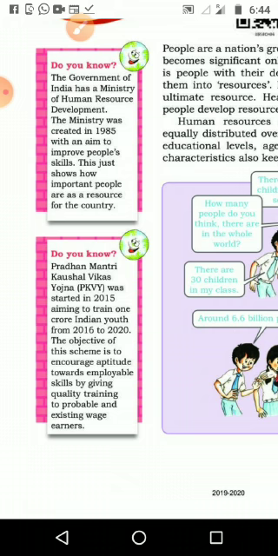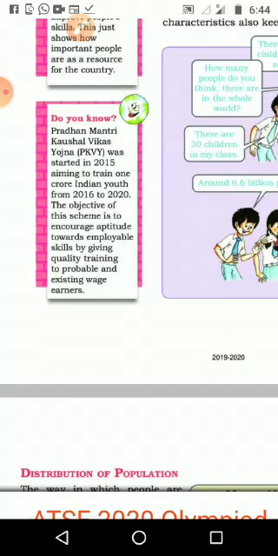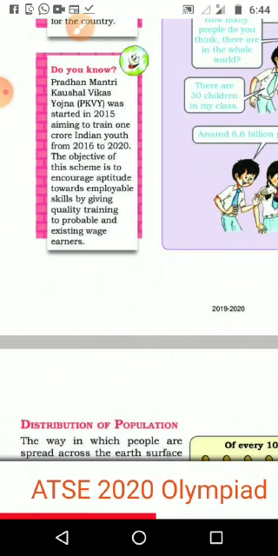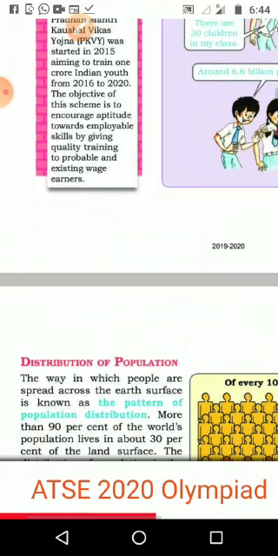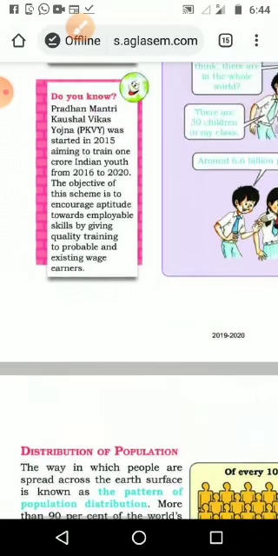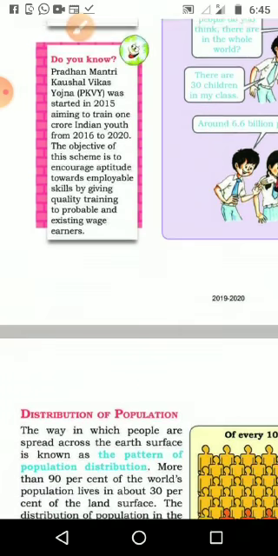Improve people's skill. Then next one, do you know Pradhan Mantri Kaushal Vikas Yojana? PMKVY was started in 2015, aimed to train 1 crore Indian youth from 2016 to 2020. The objective of this scheme is to encourage aptitude towards employable skills by giving quality training to probable and existing wage earners.